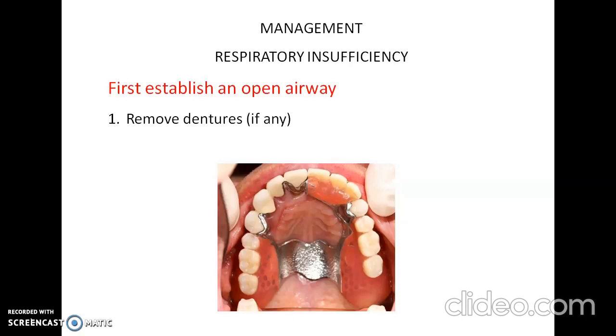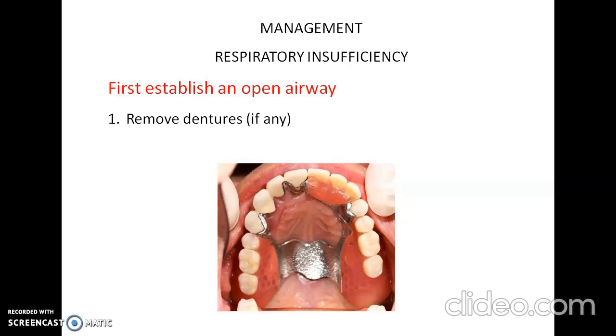We carry out supportive care techniques in many poisoning conditions, even when we are not aware of the nature of the poisoning. Let us see how to manage this respiratory insufficiency.